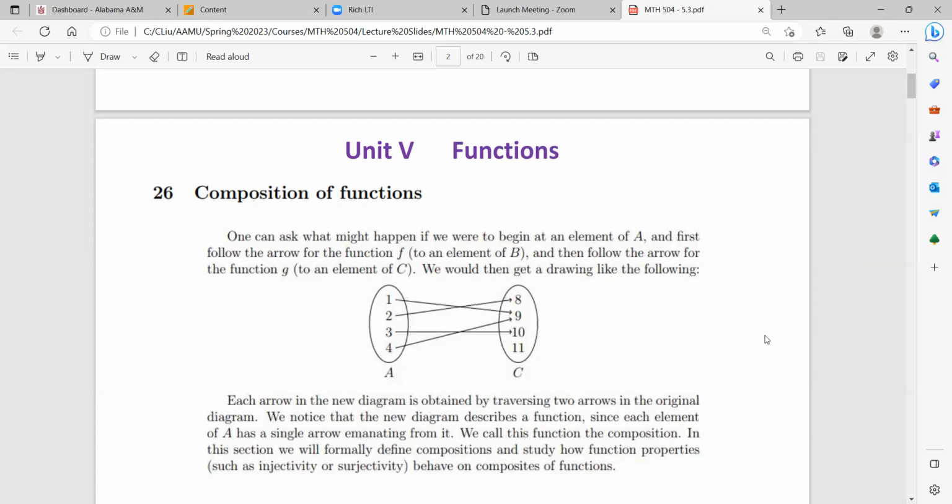Okay. So we would like to know more about this composition property. Especially how properties of functions like injectivity and surjectivity behave on composites of functions.